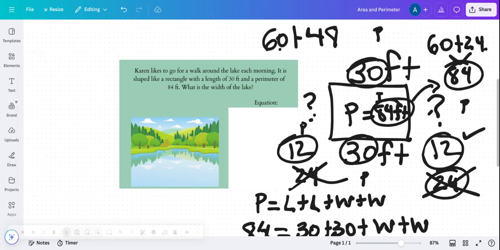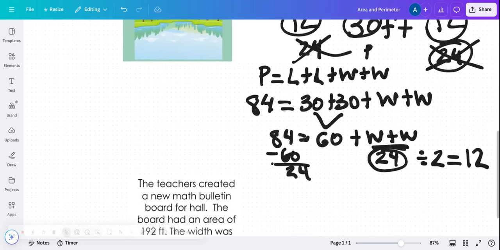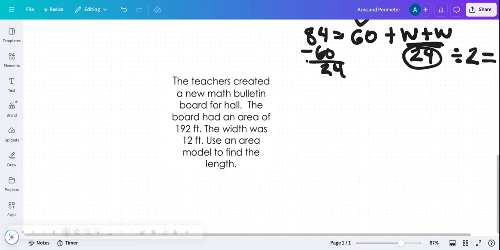All right, let's take a look at our second problem. It says the teachers created a new math bulletin board for the hall. The board had an area of 192 feet. The width was 12 feet. Use an area model to find the length. So in this problem, we are going to be drawing our model.